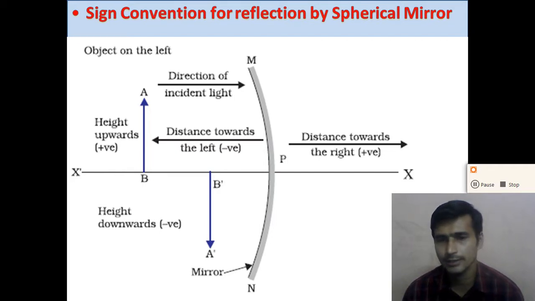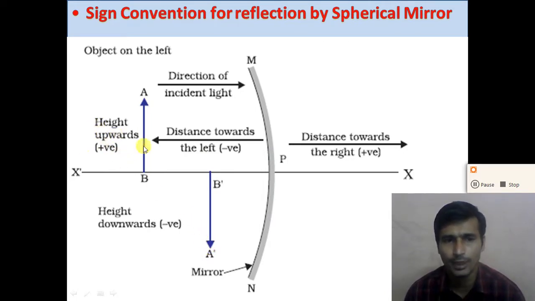So next sign convention is for the height. The height above the principal axis we consider as positive, and the height below the principal axis is considered as negative.